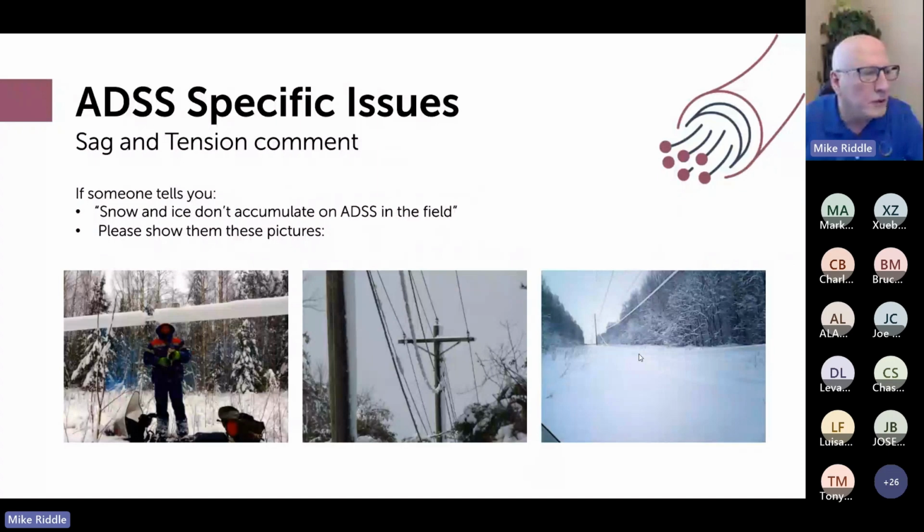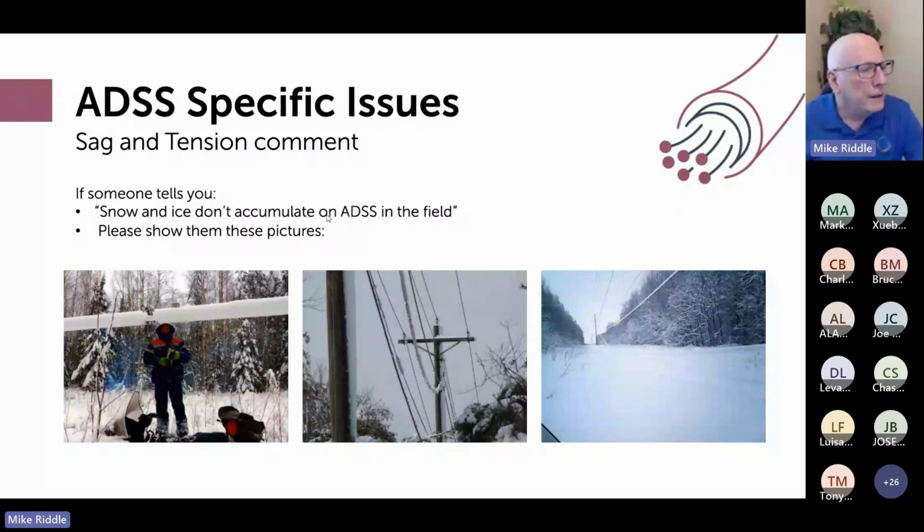You can see it's even touching the ground here, and you can see a tremendous amount of sag on this cable. And it looks like there's a second ADSS here that either didn't accumulate snow and ice or it already shed it. But in any event, one cable still has significant sag as a consequence of snow and ice. So it's simply not true.